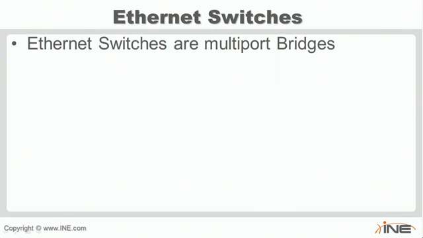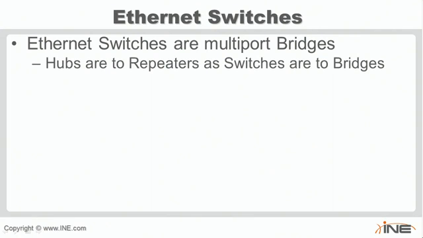So pretty much every switch is going to have 3 or more ports, where typically for small ones maybe 4 to 8, and then the typical enterprise access switches usually come in multiples of 12 or 24, like a 24 port switch or a 48 port switch, and they go up from there. But the idea is the same: a hub is a multi-port repeater, where a switch is basically just a multi-port bridge.